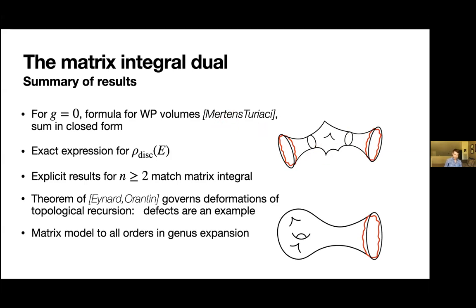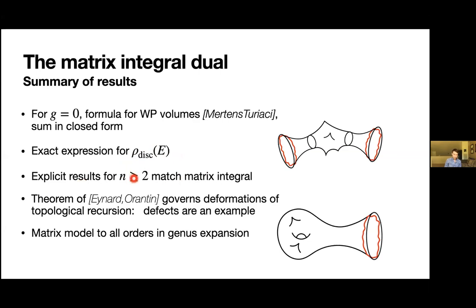Mertens and Turiaci, using some of the minimal string methods from the early 90s, wrote down a closed form for Weil-Petersson volumes at genus 0, and you can just do this sum. This in particular gives you an exact expression for the disk density of states. This is the thing that determines everything else in the matrix integral, the defining data of the matrix integral. And then you can start checking that everything matches what you expect of a matrix integral.